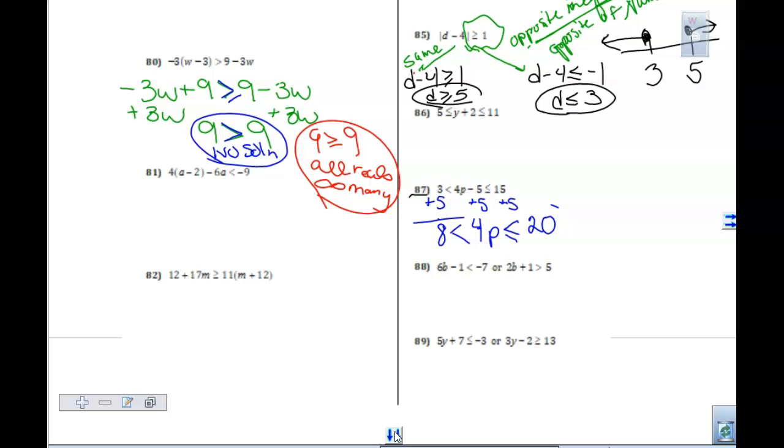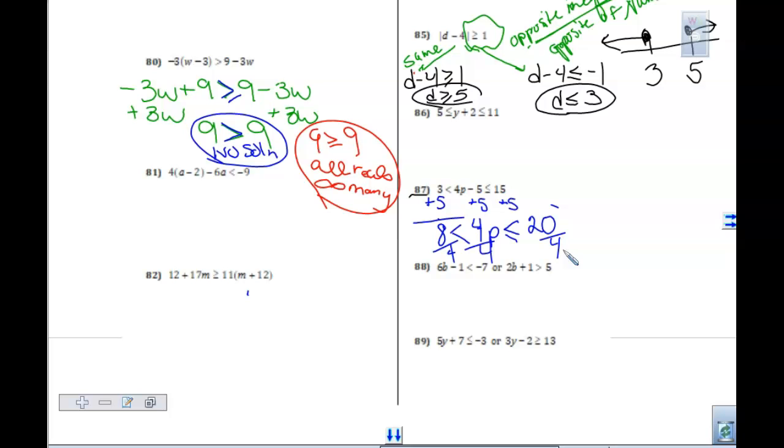I'm trying to get the p by itself. Would you divide it by 4? Divide what by 4? The 4p. I'm trying to solve that whole inequality, so I divide the whole thing by 4. Divide all of them by 4, right?